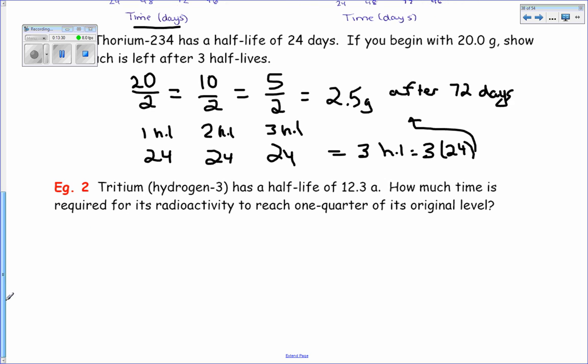And this is another version of the same kind of question, just asked a little differently. Tritium, which is hydrogen-3, has a half-life of 12.3 years. How much time is required for its radioactivity to reach 1/4 of its original value? So 1/4.